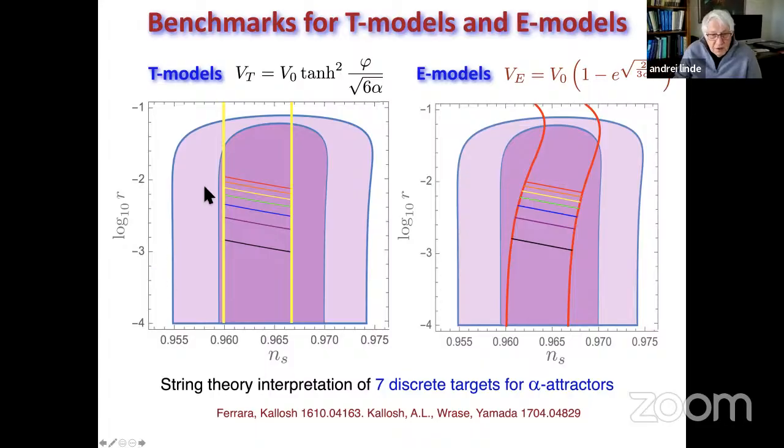So there is a ladder of possible values of alpha which are preferred in supergravity, and in the E-models, which are a generalization of the Starobinsky model with different alpha, the ladder looks slightly different, slightly shifted to the right, but it also has the same set of parameters alpha up to 7/3.